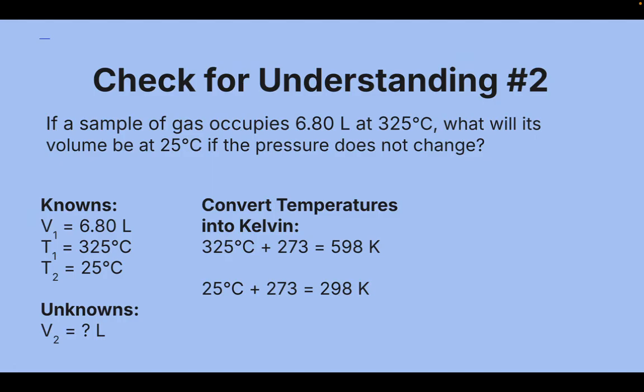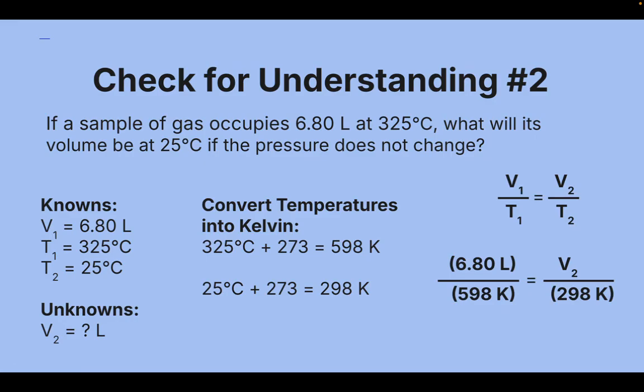And then plug those along with your initial volume into Charles' law, cross multiplying and dividing. So 6.80 times 298 divided by 598 should have gotten you a final volume of 3.39 liters. And again, 3 sig figs because all of your numbers have 3 total sig figs. So your answer should also have 3.